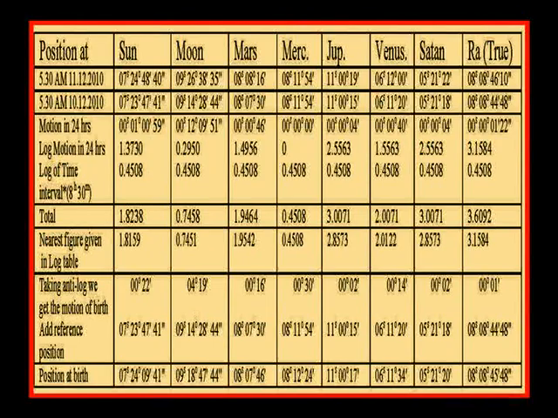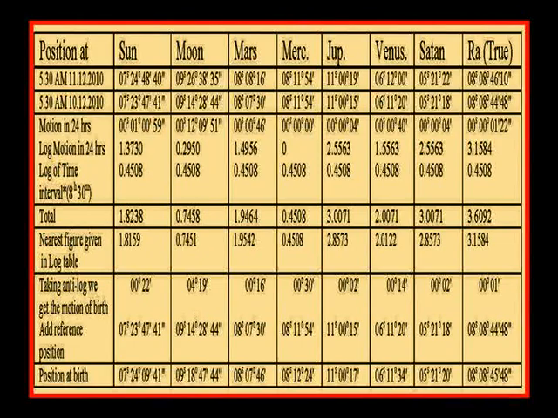Total time comes to 1.8238. Nearest figure given in log table is 1.8159. Anti-log, we get the motion of the birth. Add the reference position on 10th of December 2010 as 7 signs past 23 degrees 47 minutes.